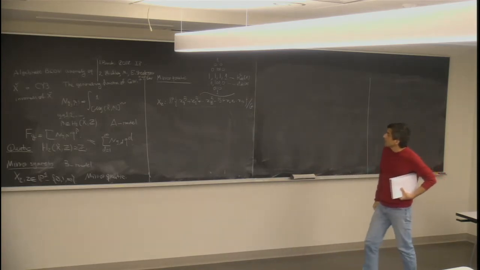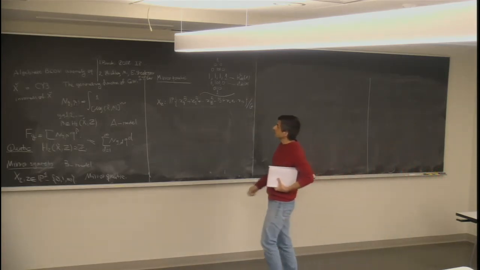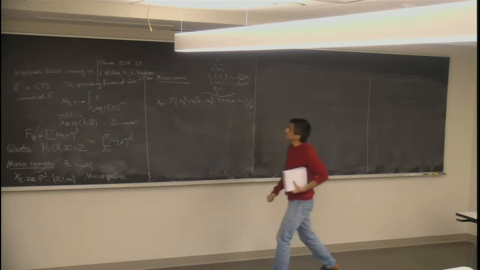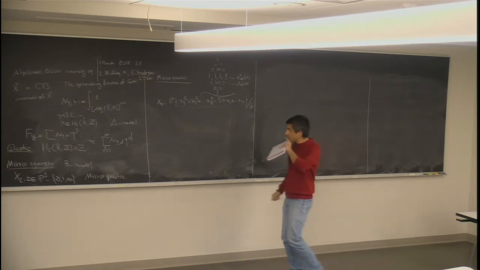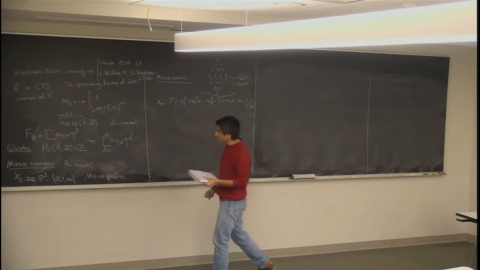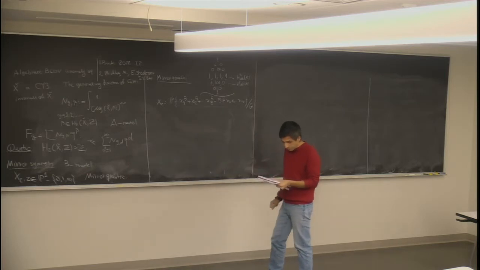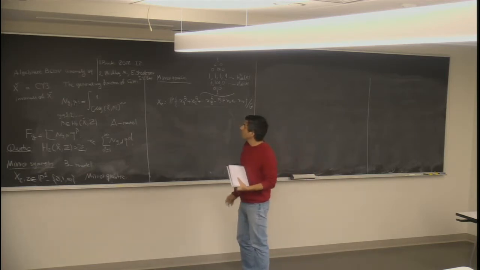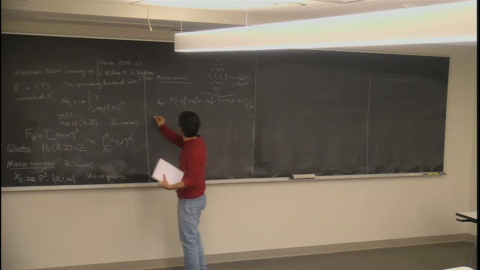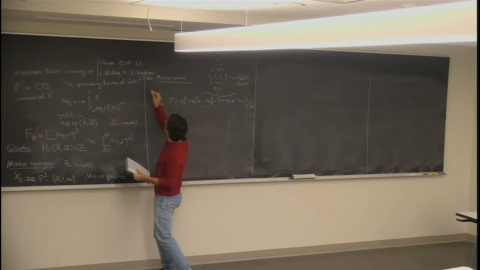Okay, so the basic idea is that I want to slowly say what mirror symmetry teaches us to compute, the generating functions, of course up to some ambiguity.